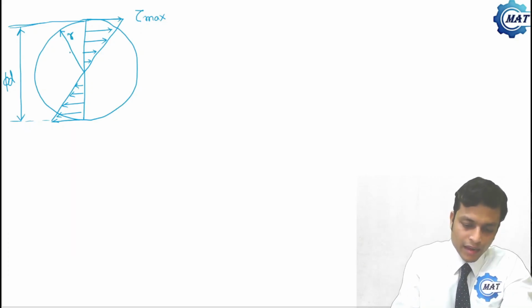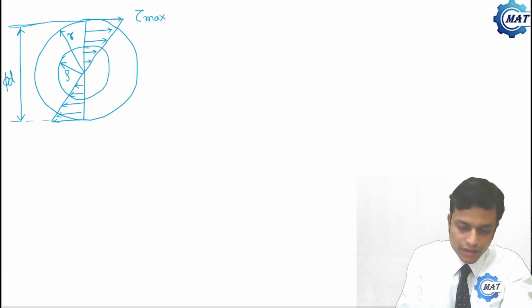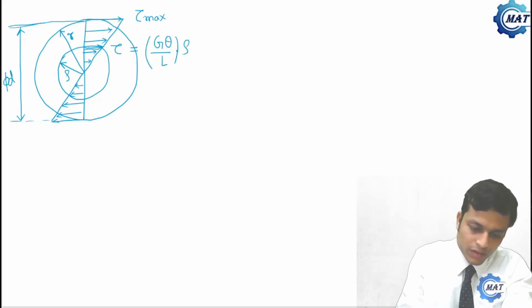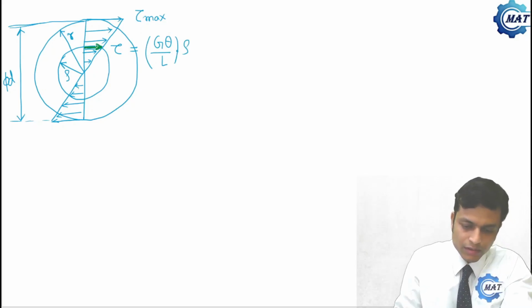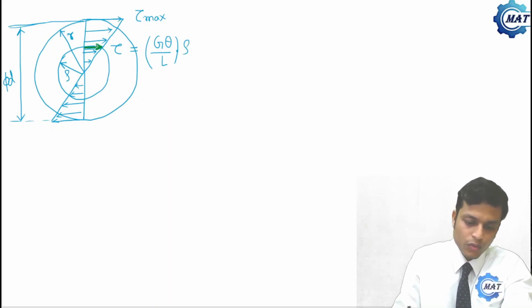And at any radius rho, shear stress tau is G into theta by L into rho.